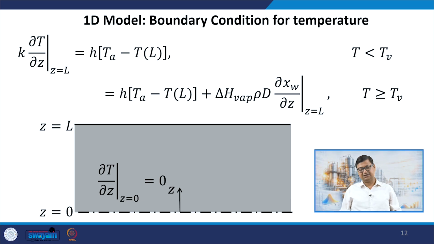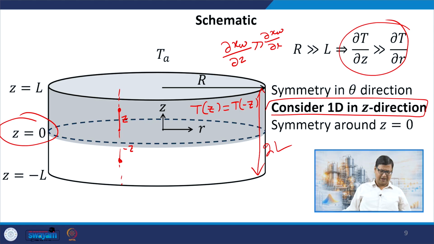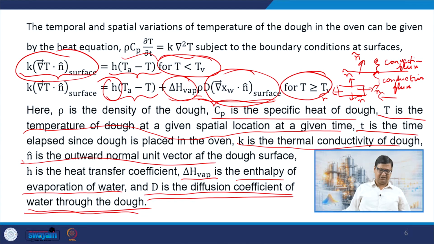We can look at now the boundary conditions for the temperature. So, at the center line, we can assume no flux that comes from the symmetry consideration. The same thing that we did for the slab, we are also doing here. And at the boundary, we are essentially simplifying whatever equation was given in the problem for the case of the one dimensional heat equation, right. So, we can go back and look at the equation given in the problem.